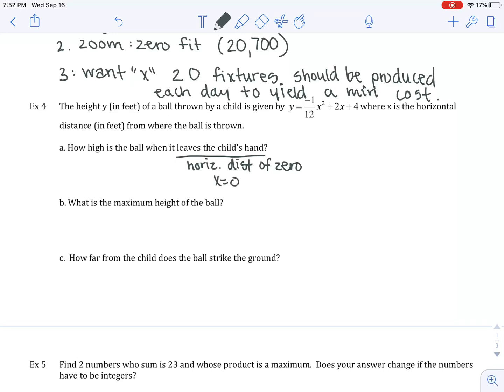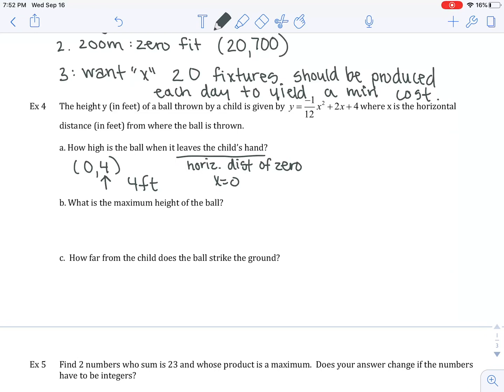So if I plug in 0, I know it's going to wipe out the -1/12 and the 2, and you are just left with the 4 at the end. That always exists, guys, because I'm asking for the y-intercept. I'm asking how high is the ball? It's 4 feet.